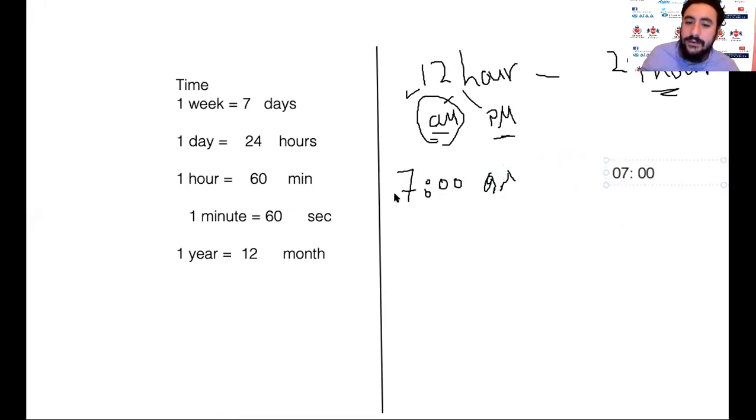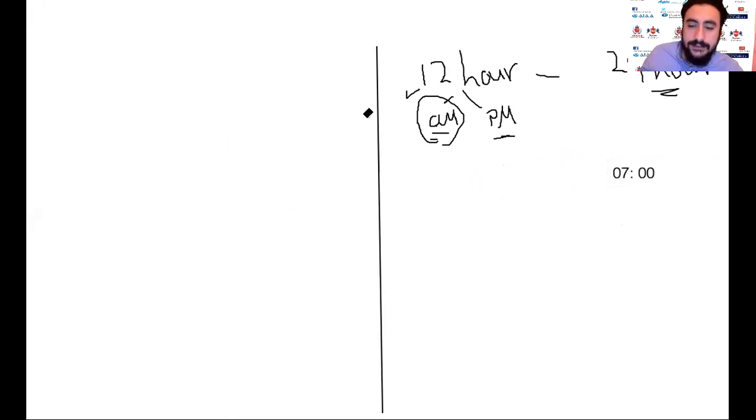That's it. 7 AM is the same as 07:00. The only difference is that I should write 2 digits here. So if it was 7, I need to write 0 first. So 7 a.m. is the same as 07 in the 24-hour clock, okay?